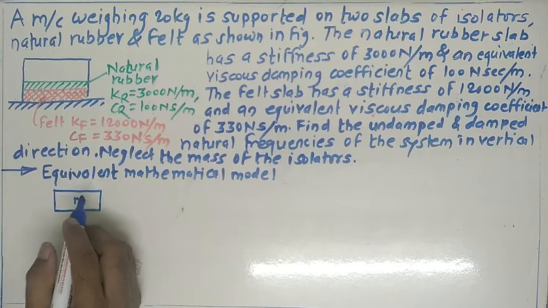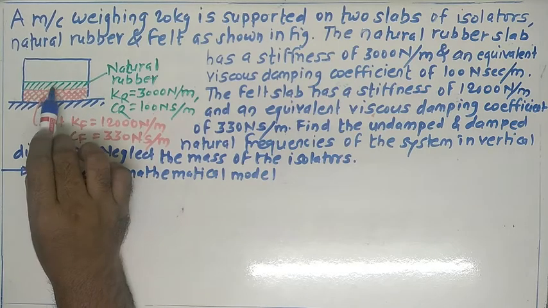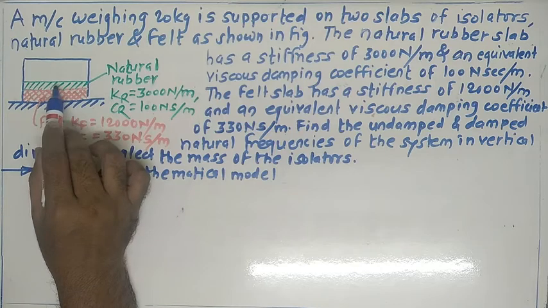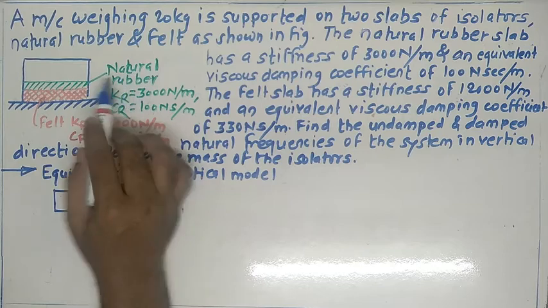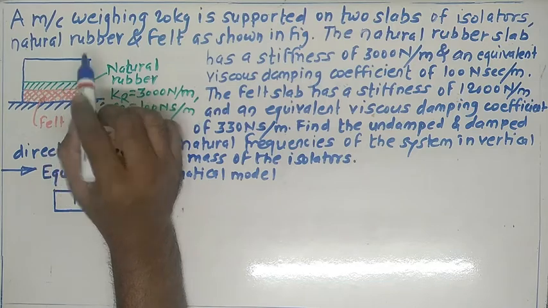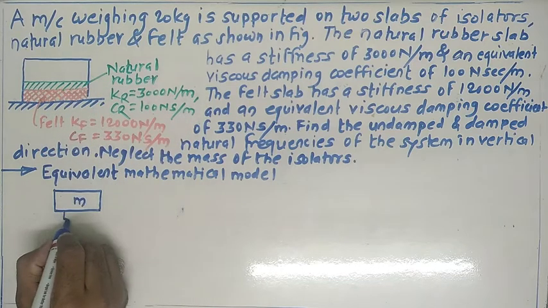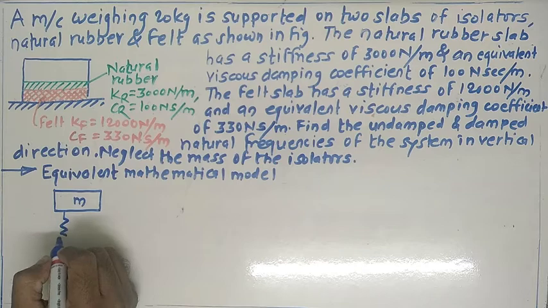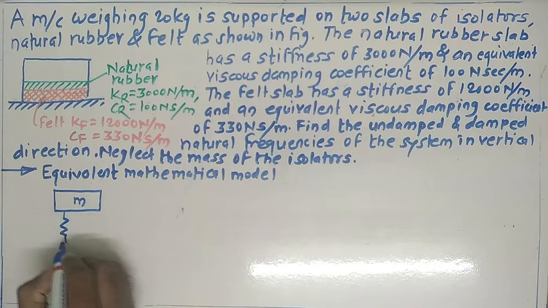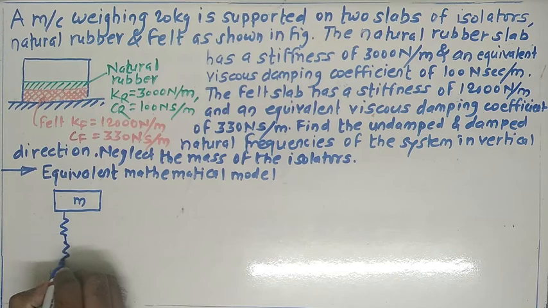Now if you concentrate on the natural rubber as well as the felt, whatever resistance comes for the motion of this block, or machine, in the downward direction, we can consider that resistance in terms of stiffness, by the natural rubber as well as by the felt.